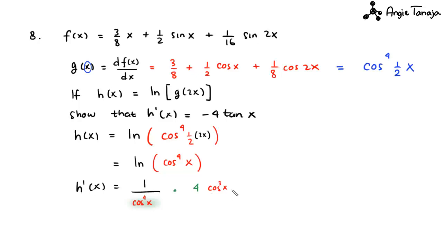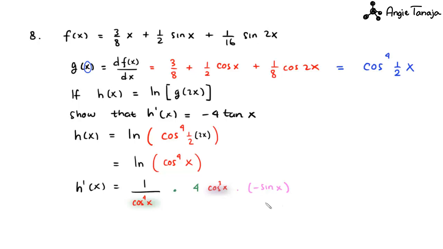And then this is another chain, right? So then we have to times it with negative sin x. Setuju nggak?